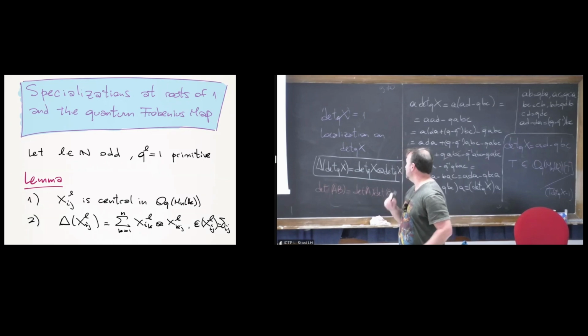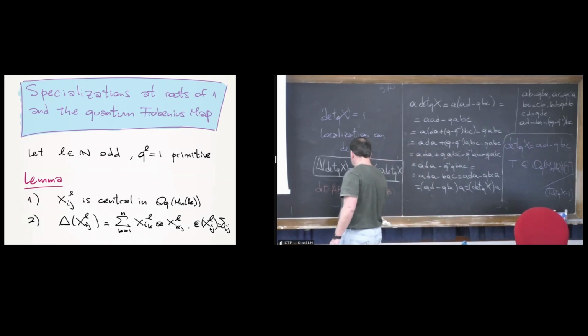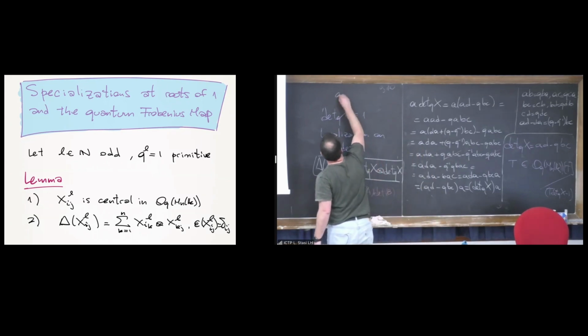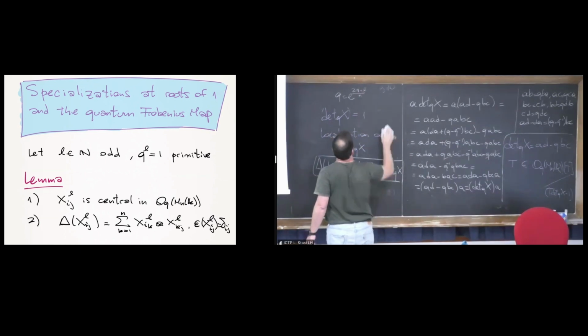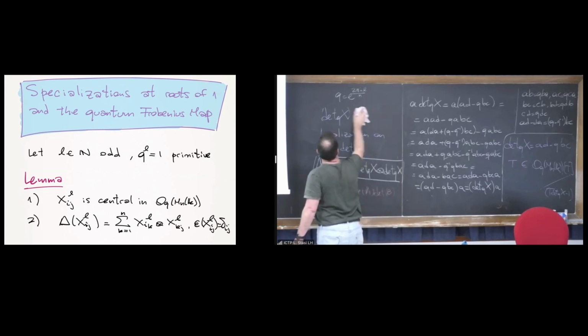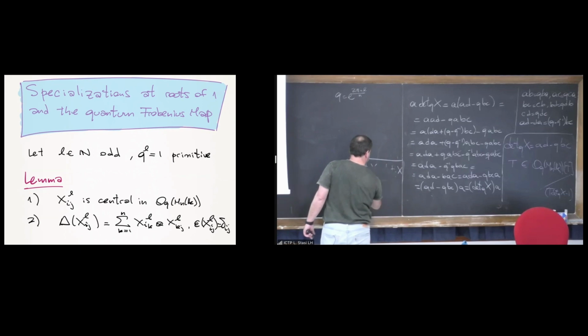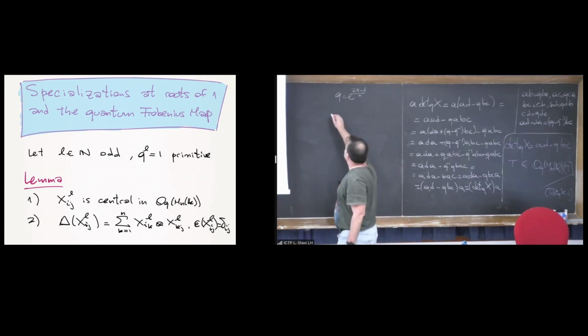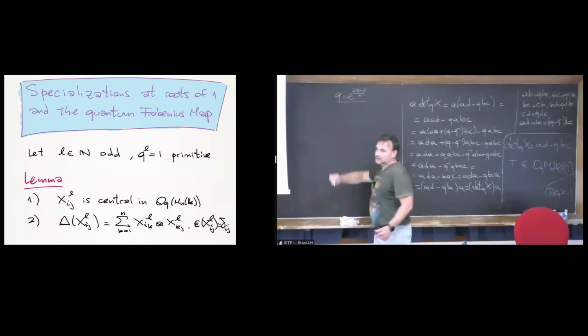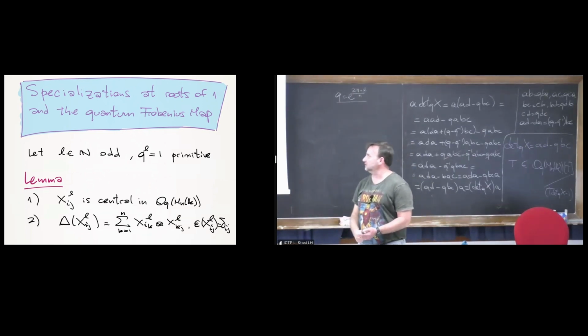If you want, you may take Q equal to e^(2πi l/n). Let's take this one. And l is odd. If not, we get into trouble because we are going to talk about SL_n.